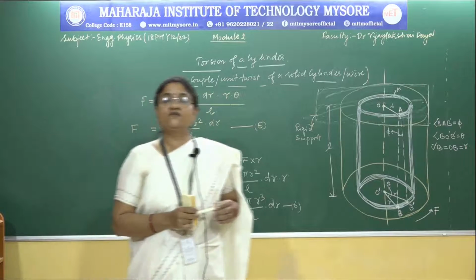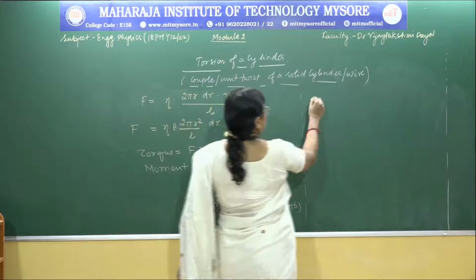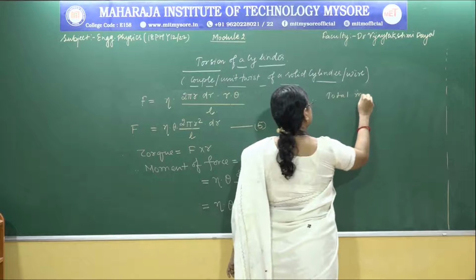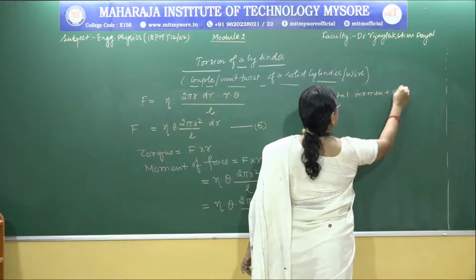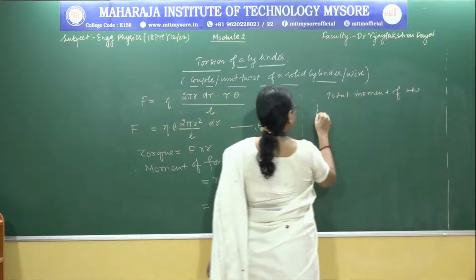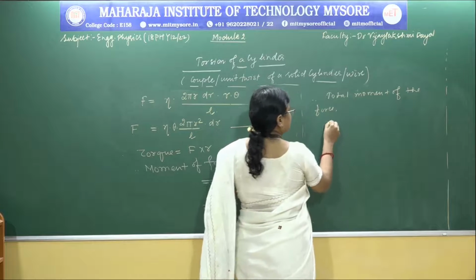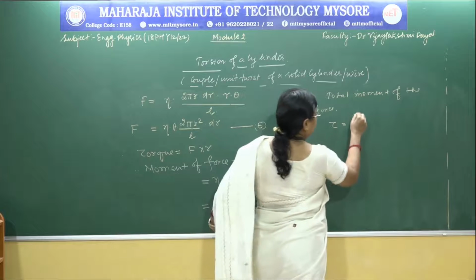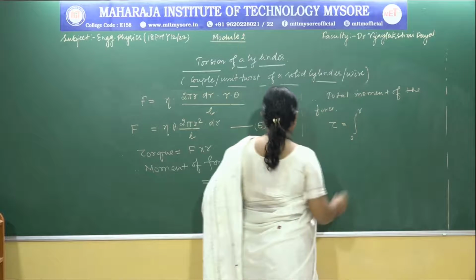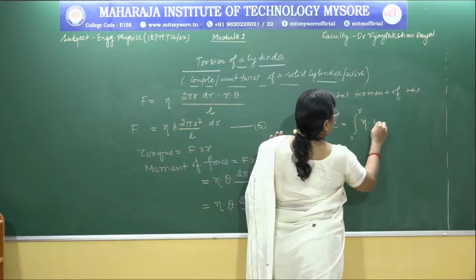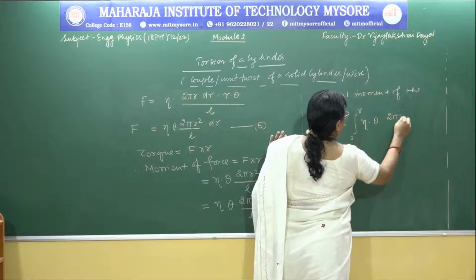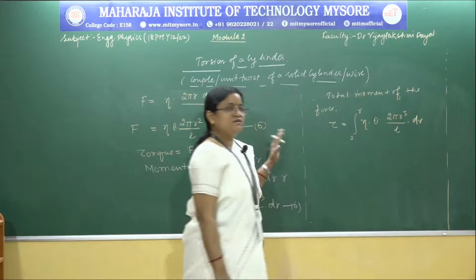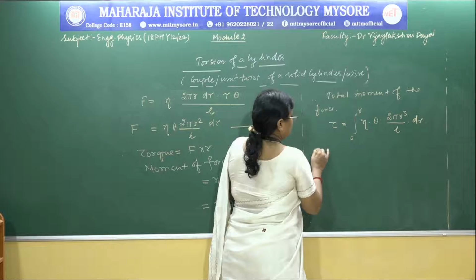So now we have to find out the total moment of force. So the total moment of the force, which can be represented by the total torque, you will get by integrating the left hand side from 0 to r, that is eta theta 2 pi r cube divided by L into dr. So the constant terms we will take out of the integral.